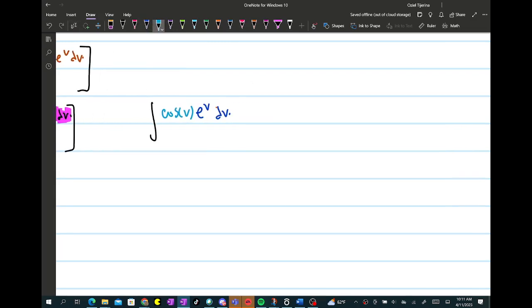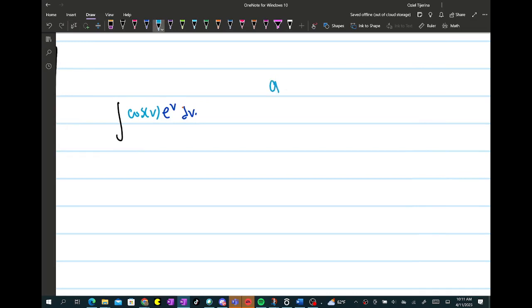And so this is going to be, again, like I said, integration by parts. I'm going to do the integral of A dr equals A r minus the integral of r dA.